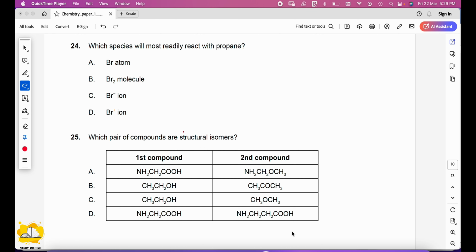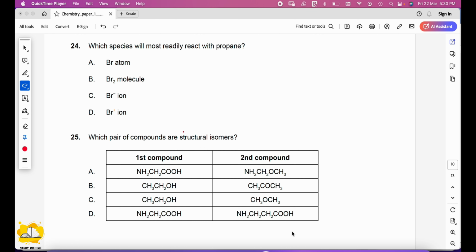Number 24, which species will most readily react with propane? There are Br atom, Br2 molecule, Br minus ion, and Br plus ion. Br plus ion definitely we can rule out because there's no Br plus ion. And Br minus ion does not sufficiently undergo substitution reaction.